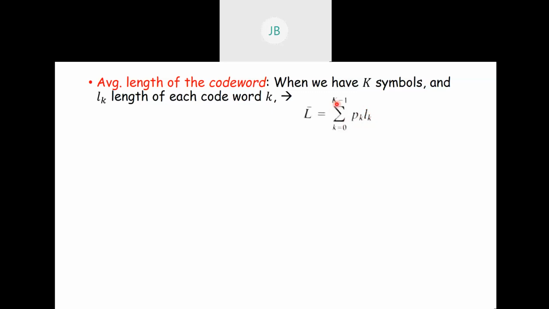This is computed for all the K symbols. That gives the average length of the code word. So this equation we have seen earlier.